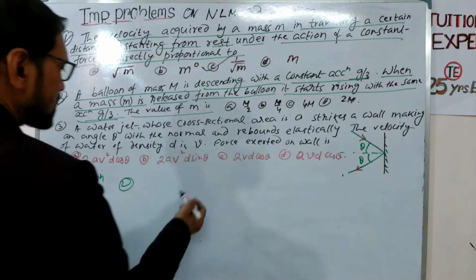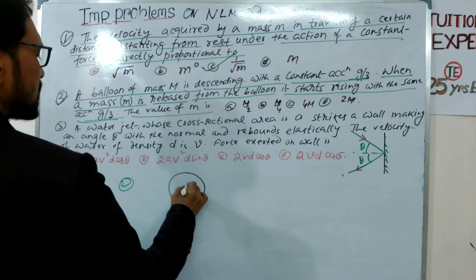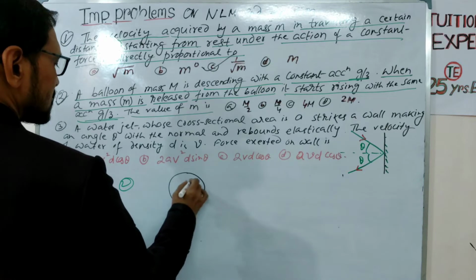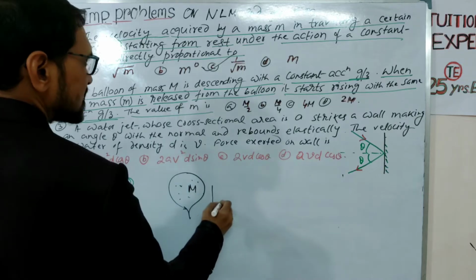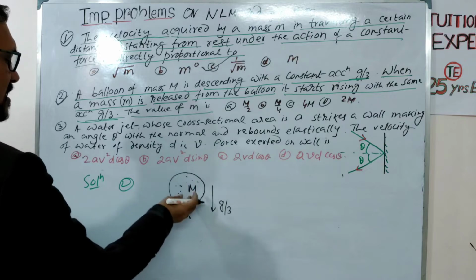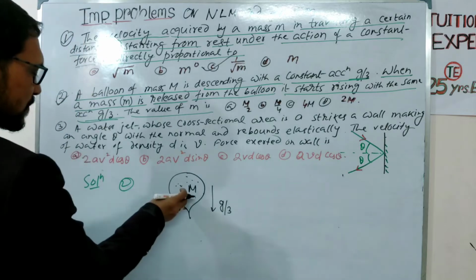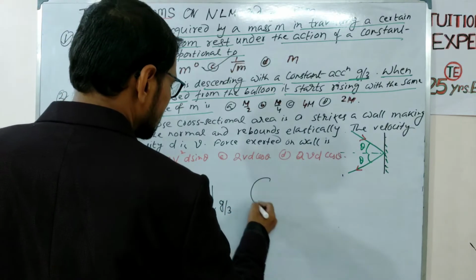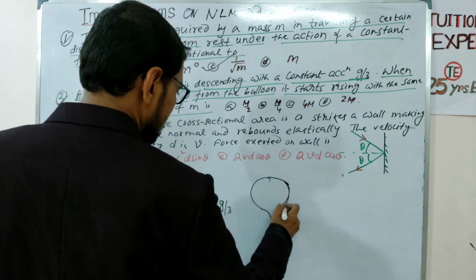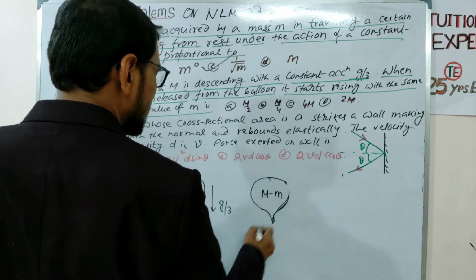Suppose this is a balloon of mass M, descending with a constant acceleration g by 3. Suppose there is a lot of mass inside the balloon. Now if some mass m is released from the balloon, the mass becomes M minus m.